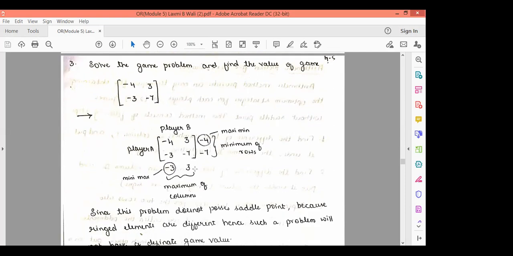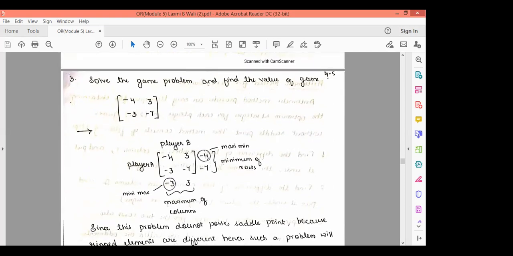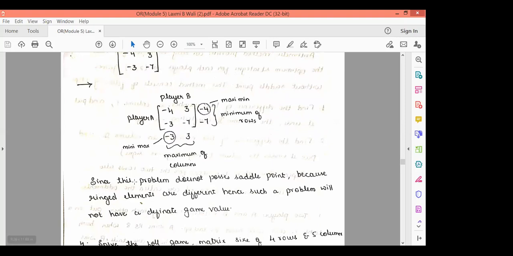Here in this problem, the maximin and minimax values are different. When you find the maximin value and the minimax value, maximin you are getting -4, whereas the minimax value is -3. It means both are different in such a case. So since this problem does not possess a saddle point because the ringed elements are different, such a problem will not have a definite game value.